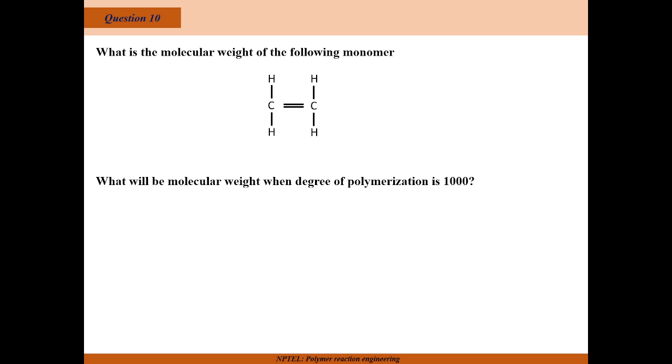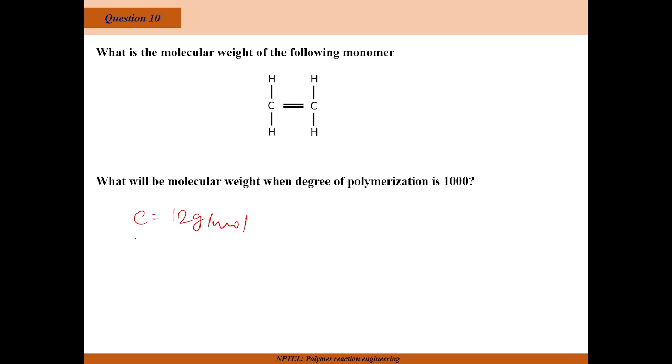When we are referring to the monomer, this is ethylene. So we are directly asking what is the molecular weight of ethylene. It is very easy, so let me try. We know the molecular weight of carbon is 12 gram per mole, where Xn equals 1000.